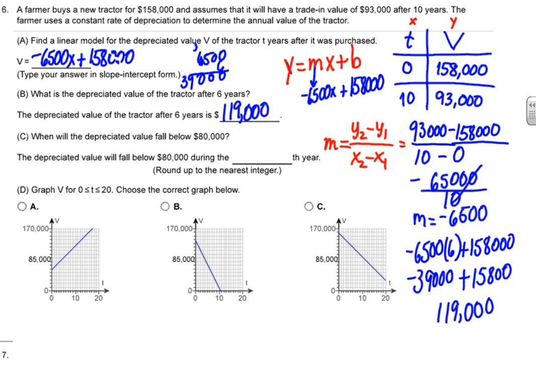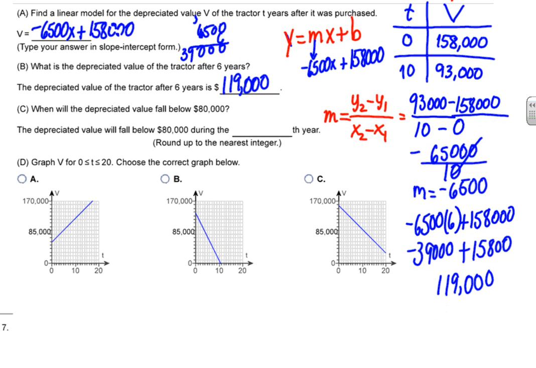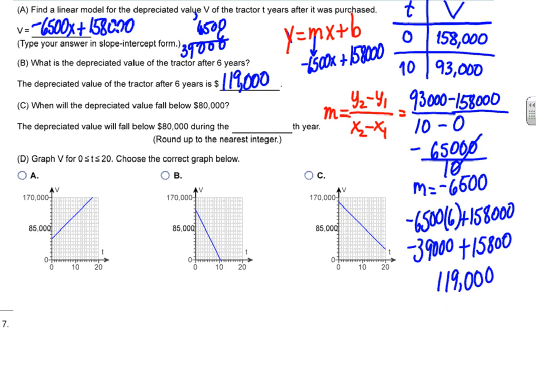When will the depreciation fall below 80,000? So what I would do here is just substitute some values in for x. And if I chose to put a 10 there, which would be easy math, so at 10, I would have 93,000, which we've been given.